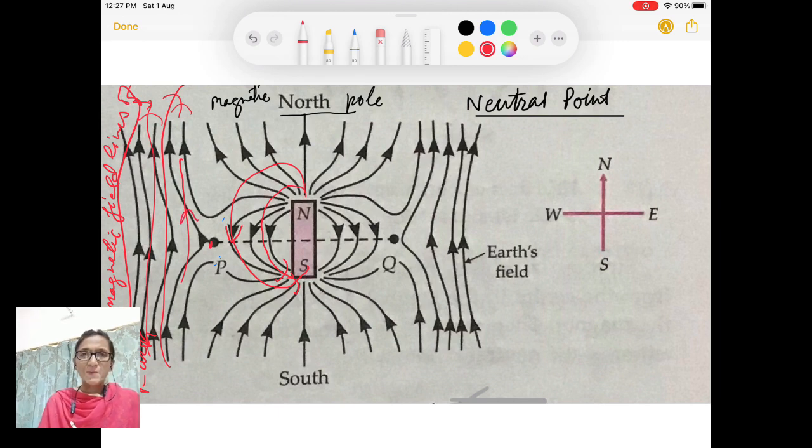So if at any particular distance in the perpendicular bisector plane the field becomes exactly equal, and the direction is already opposite, the field becomes 0 at this very point, and this point is called the neutral point.